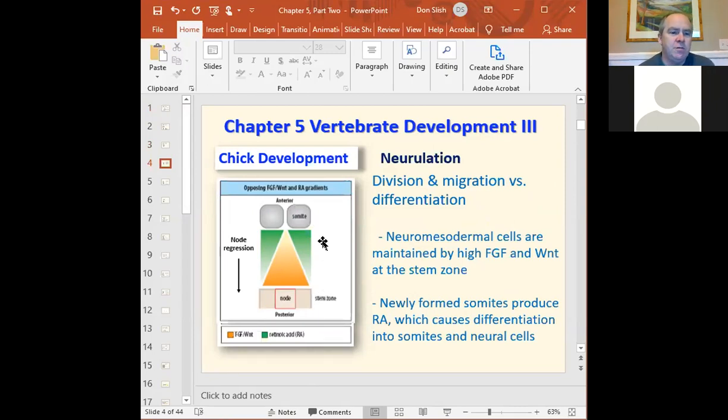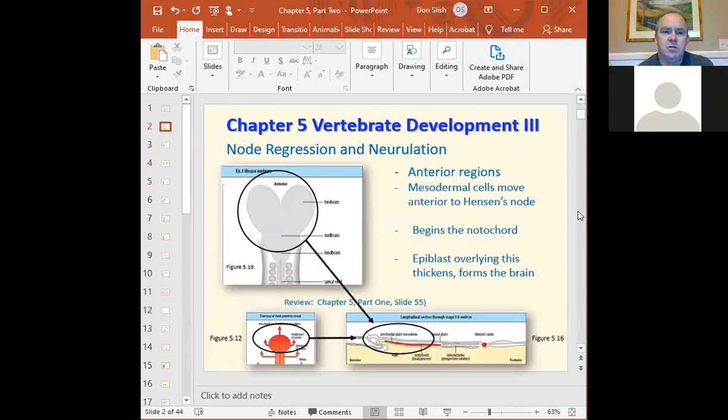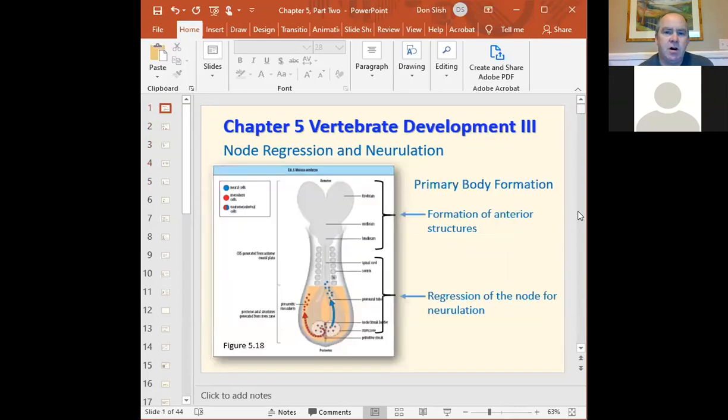As you get further away from the node, FGF drops, and you've got retinoic acid coming from the already differentiated part. So you've got those two gradients, and you hit this one spot where FGF is too low to maintain the mesenchymal phenotype. Then it switches, it differentiates, and it becomes a somite based on the RA influence. So that's where we left off.